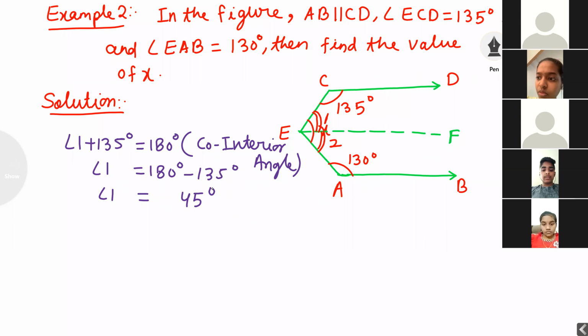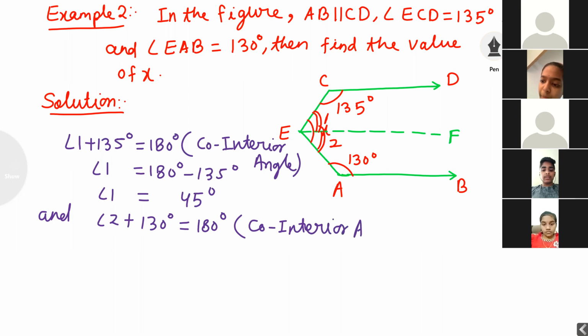Same concept I want to apply to the down also, and I can say angle 2 plus 130 degree is equal to 180 degree. Why? Co-interior angles. Now angle 2 is equal to 180 minus 130 is equal to 50 degree.